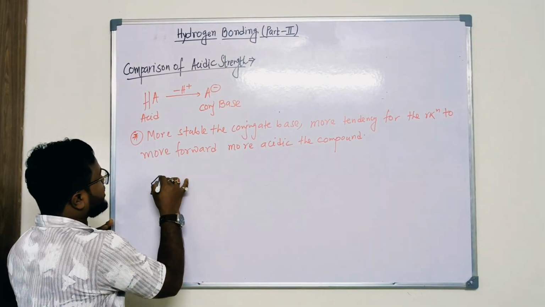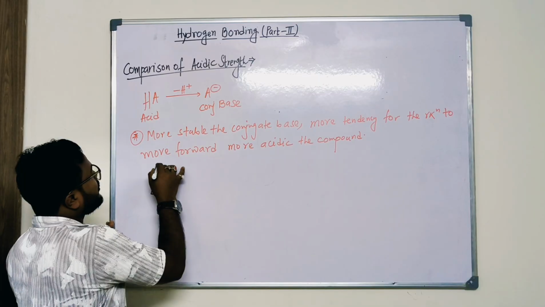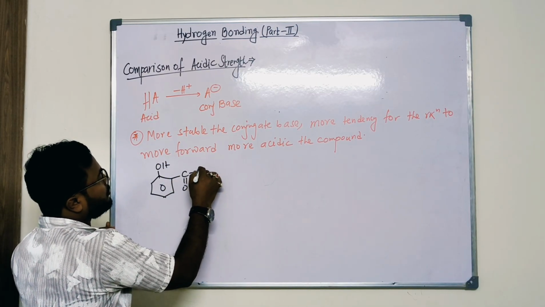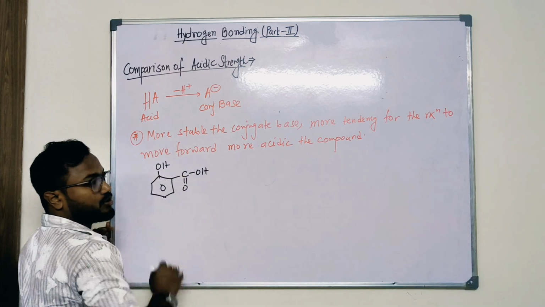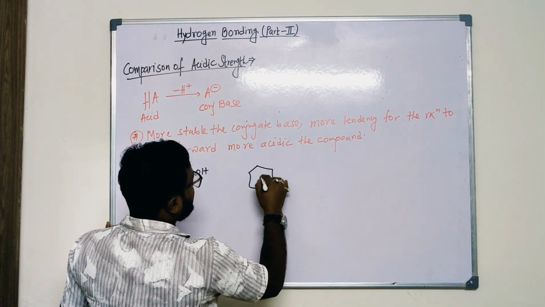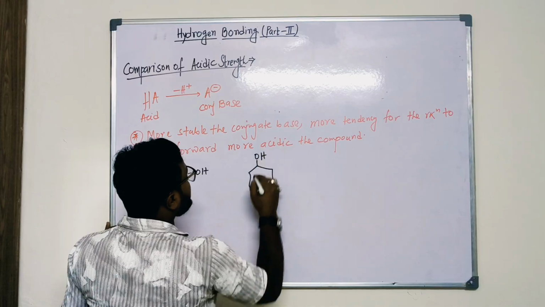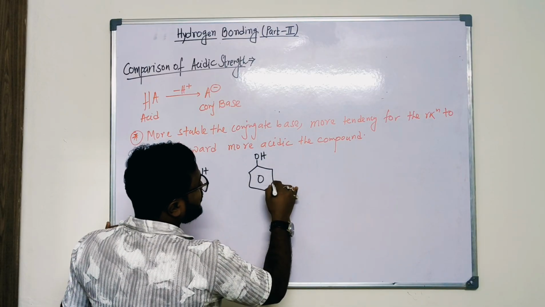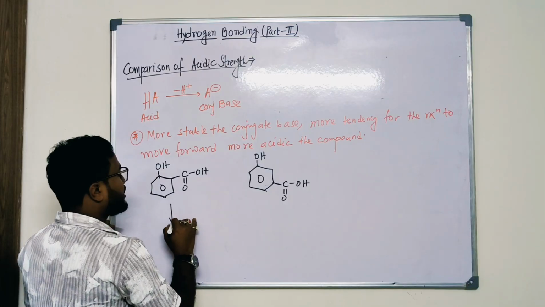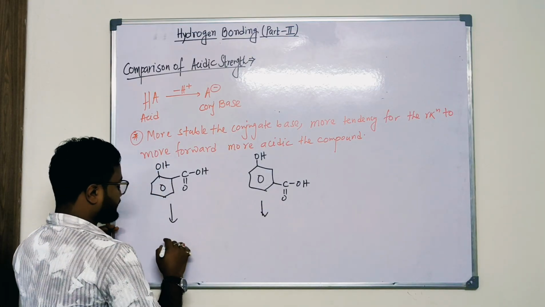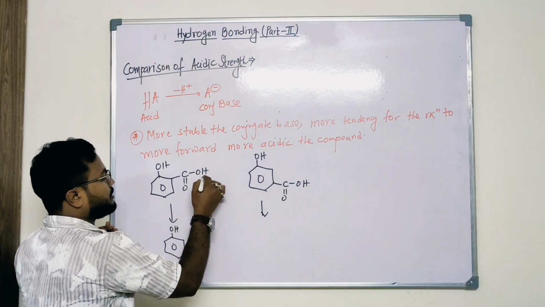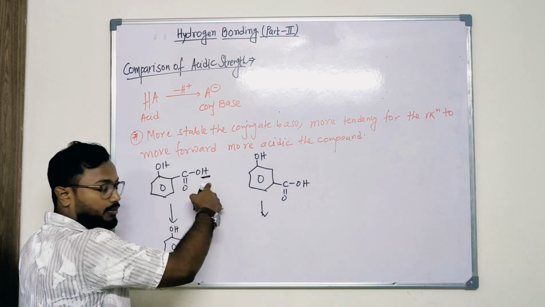Salicylic acid as the example. OH and COOH, that is ortho-hydroxybenzoic acid, salicylic acid. Another example I am taking is meta-hydroxybenzoic acid, with COOH. Let's take their conjugate bases first. We know that this is the more acidic hydrogen, so it will be removed.